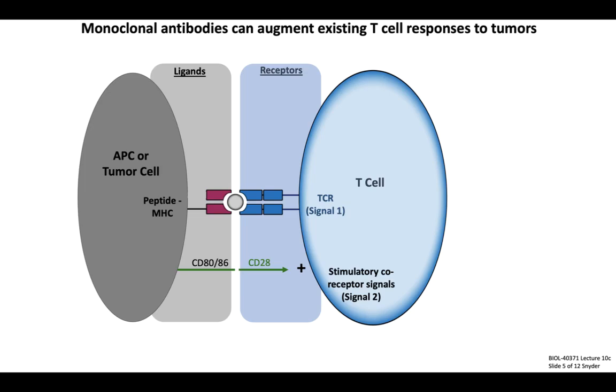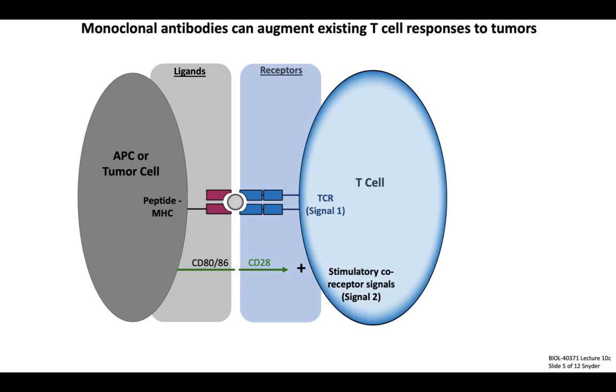To understand how these work, we need to look at some of the different co-stimulatory signals and receptors that can influence T cell activation. We learned about these in our week 4 and week 8 lectures on T cell activation and the resolution of T cell responses, but let's do a quick refresher on some of the relevant signaling molecules here. Upon TCR recognition of peptide MHC, we know that this relays an activating signal 1 back to the T cell.